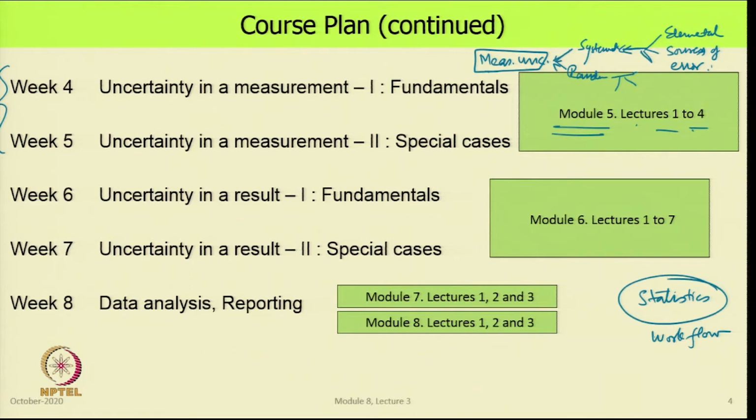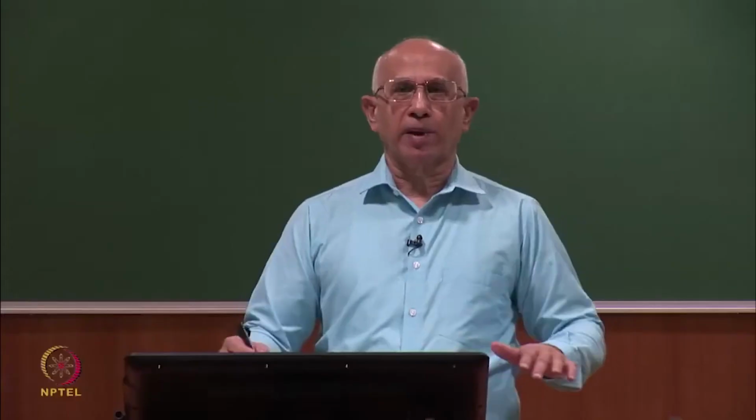As many measurements as there are in an experiment, that many analyses have to be done. So, at the end of this, we have a measured value, what we call a nominal value, plus minus a certain uncertainty at a certain confidence level. So, these are things we got. That was all the data that we wanted from the experiment.